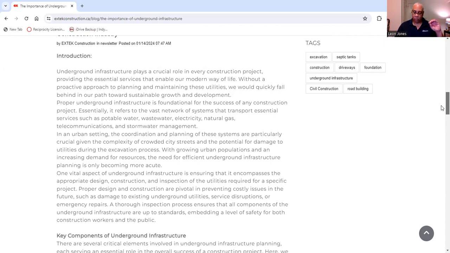Just to tell you, again, I mentioned it. When there's construction, let's say they're putting in a new subdivision, they basically tie the existing infrastructure and the new infrastructure together. I worked on a project in Frankfurt and they had a lot of problems with the infrastructure.